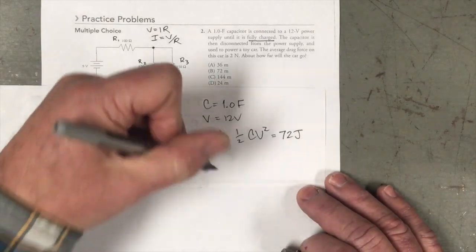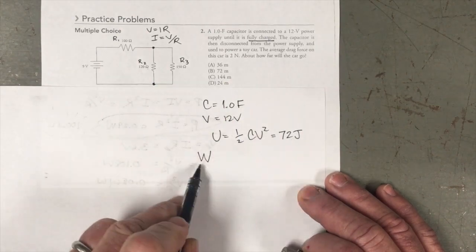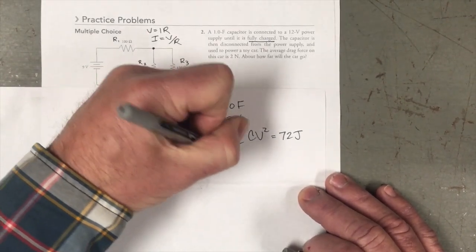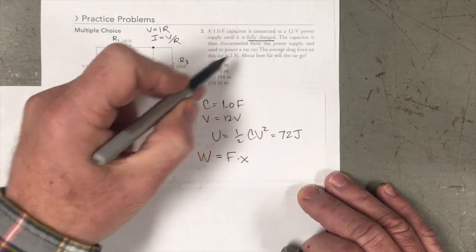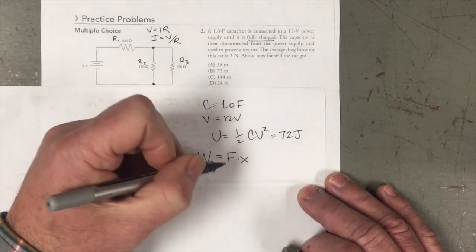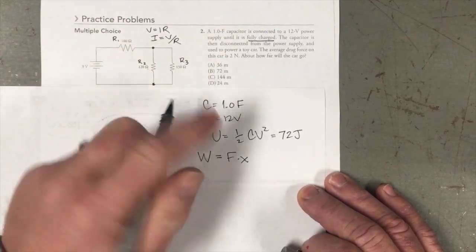Now, of course, work is a form of energy. So assuming that all this energy goes into work, and that work is force times distance, now we can do the problem, because it says that the drag force on the car is 2 newtons. That means you have to exert a force of 2 newtons just to overcome the drag force.